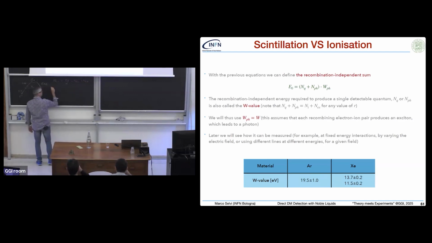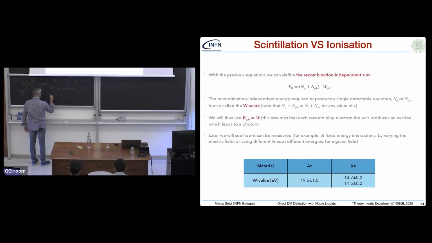Now, for the final state, the number of photons is equal to the number of direct excitations, those that go directly into this channel, plus R times the number of ionizations, the ionization electrons which recombined.